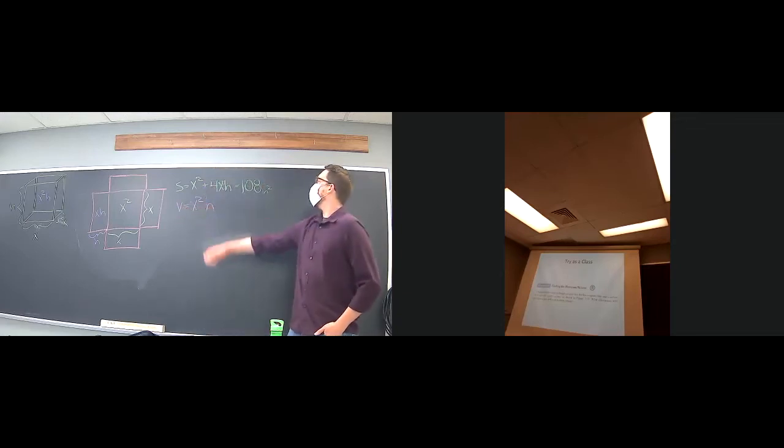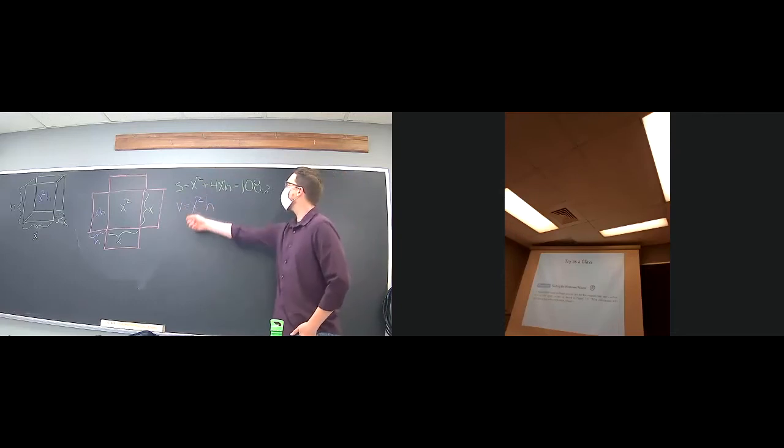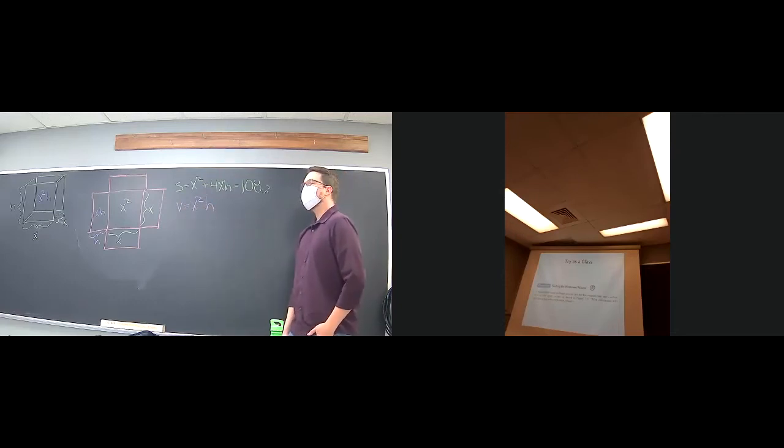Well, to maximize the volume, we're going to have to find some way of getting a derivative out of this, right? So we've got this h term, and we've got an x term. Which derivative are we going to take? I say let's take x, but first let's solve for h up here and then plug that in. Make sense?